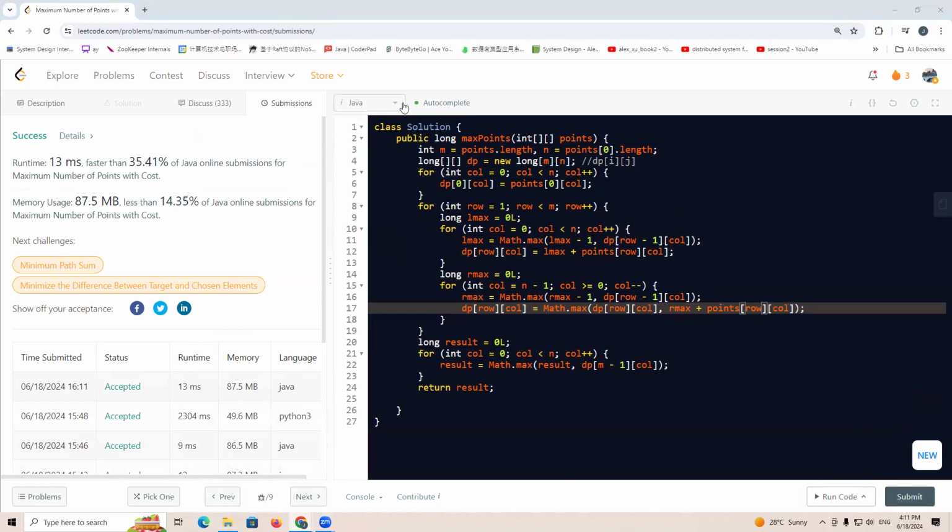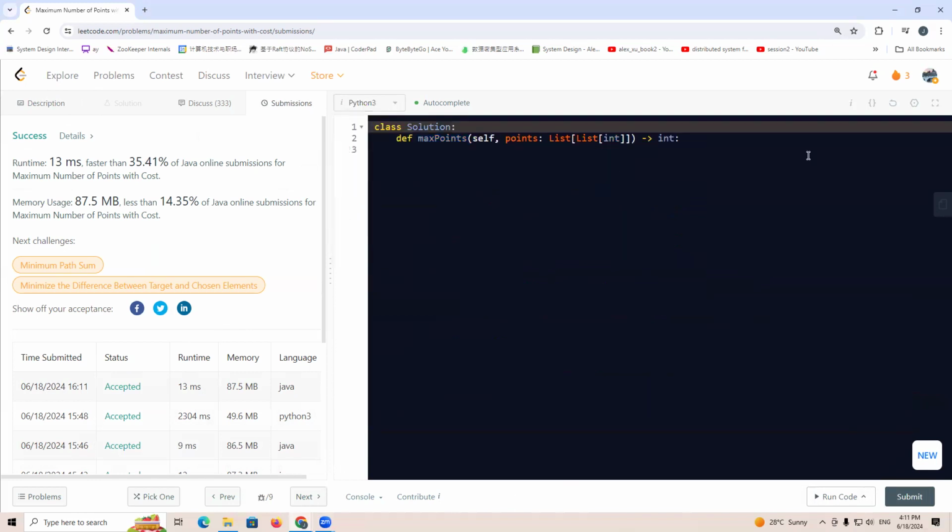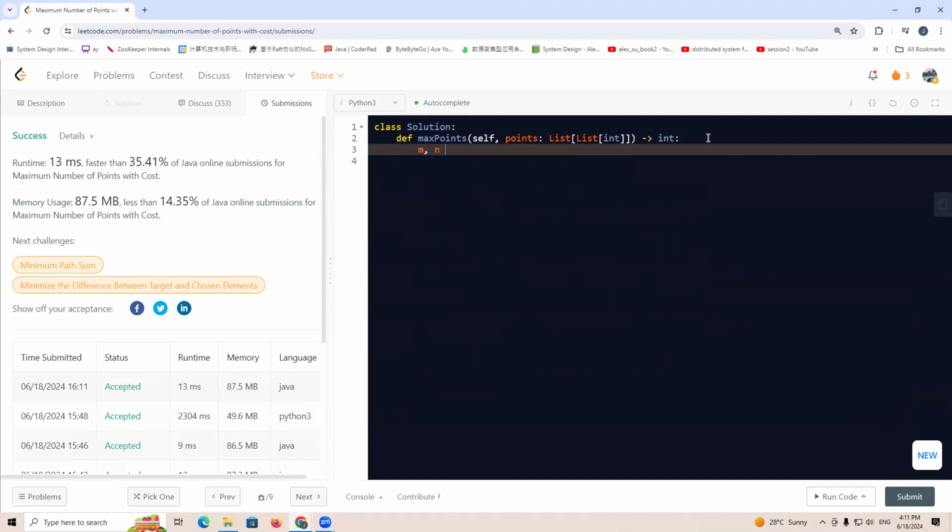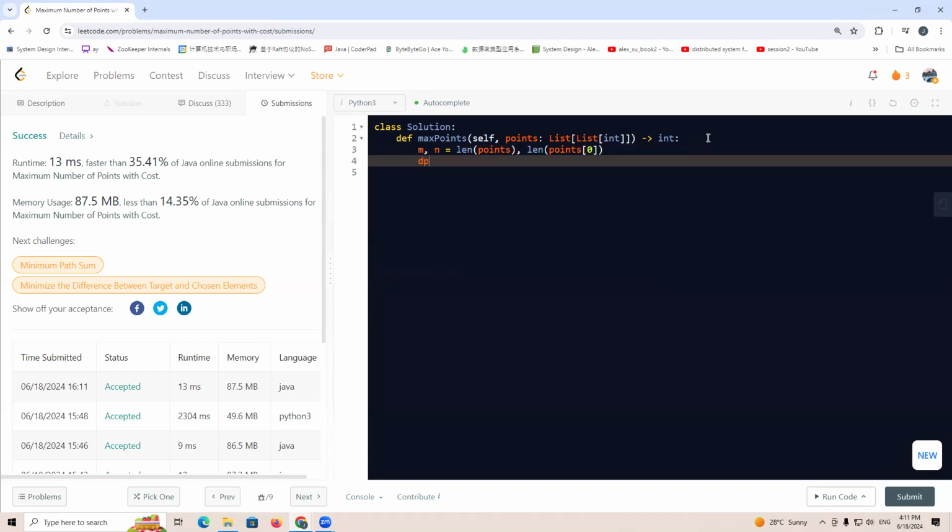Let's write a Python version for this. We are going to have m, n equals length of points and length of points 0. And we need to have a dp equals this one multiplied by n for in range m, right?